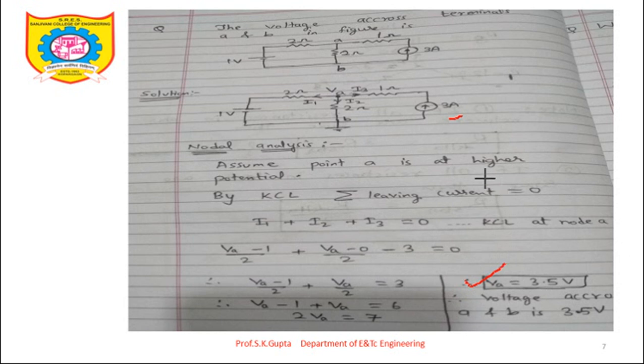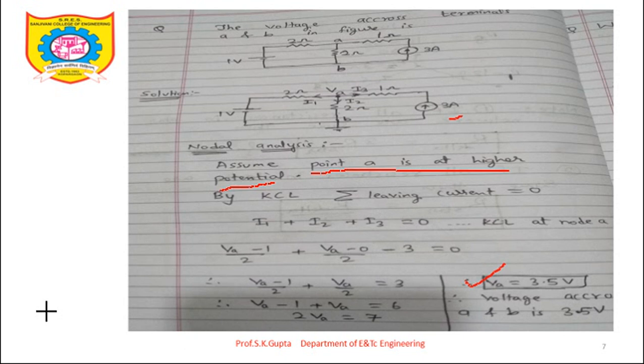Okay, once again I will repeat. I have used nodal analysis. Whenever I am using nodal analysis, my assumption is that the point is at higher potential, meaning all currents are leaving currents. So I1 current, I2 current and I3 current. Then using the second form of Kirchhoff's current law, the sum of leaving current is 0, so I1 plus I2 plus I3 equal to 0.